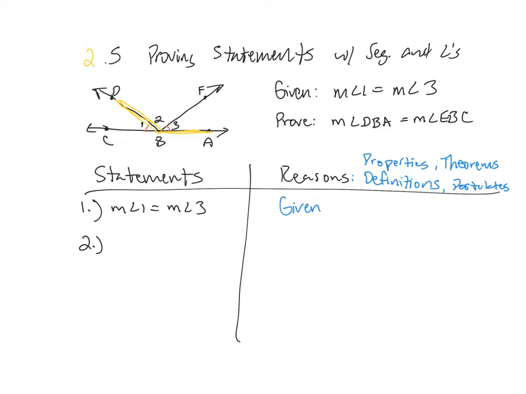Okay, so here's where angle addition postulate comes in. I can say that the measure of angle DBA equals the measure of angle, I should have put this over farther, measure angle 2 plus measure angle 3.